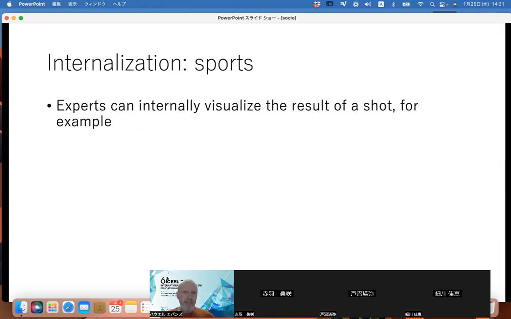There's also the idea of, for example, in sports, you get internalization of learning, I suppose, right? Experts in sports, for example, can visualize the result of a shot. If you're playing pool or some sports, they can actually see this, right? In other words, the thinking is completely under control.